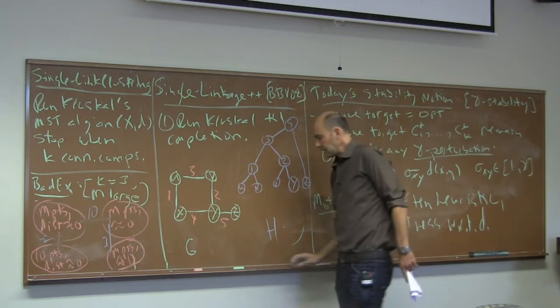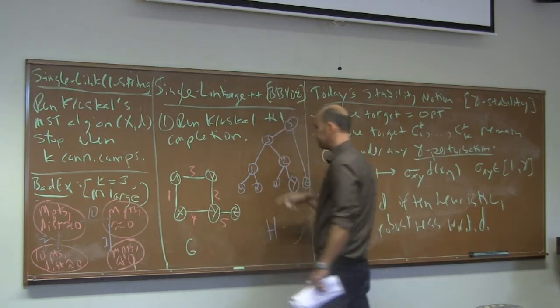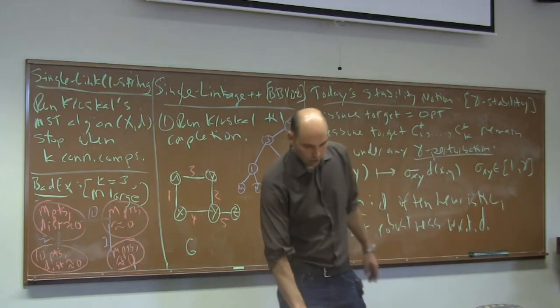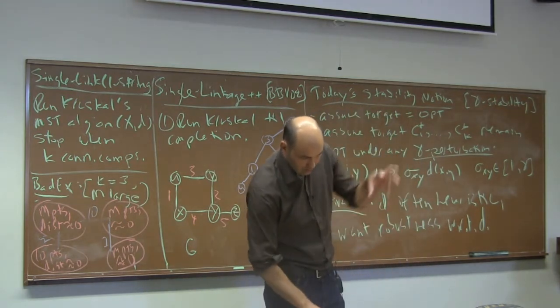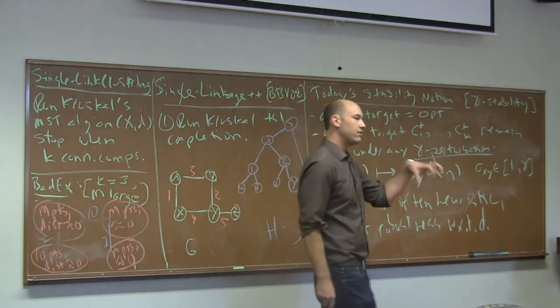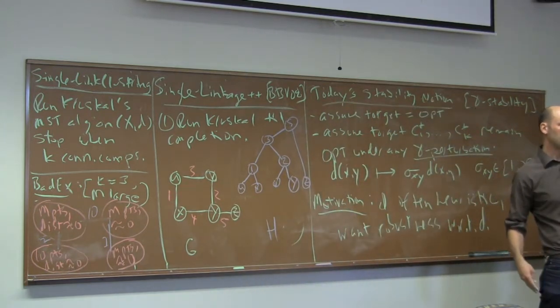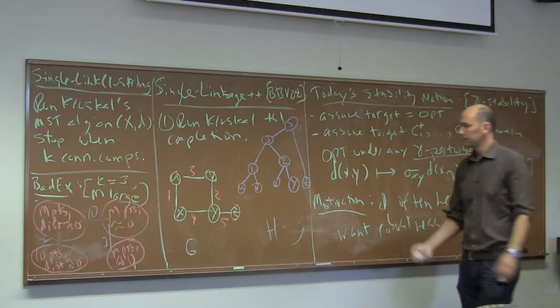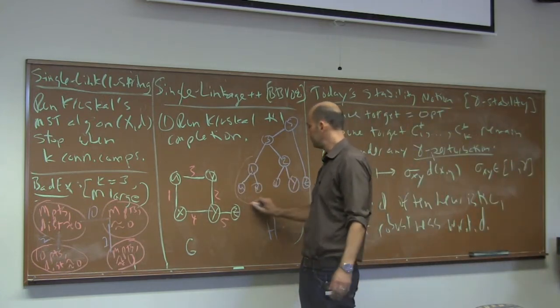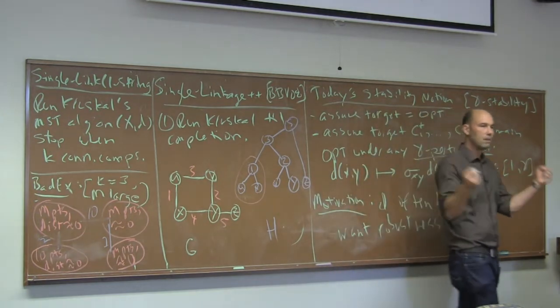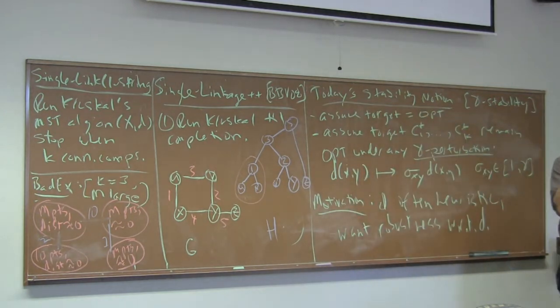Also, if you look at subtrees of H, if you look at the leaves of a subtree, the leaves of a subtree were at some point in the execution of Kruskal a connected component. Okay? So like here's a subtree. It has the leaves U and X. So the claim is at some point UX was a connected component in Kruskal.